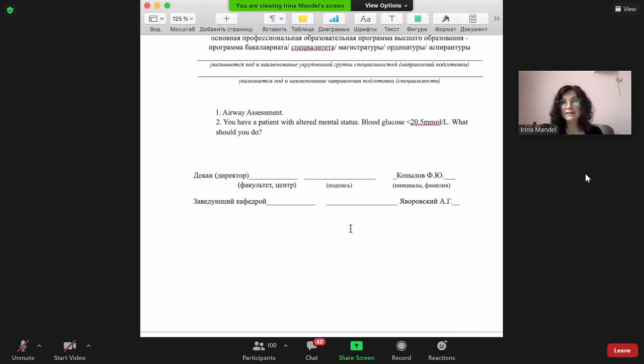So we will alter the brain tissue, and it will lead to complications for the whole patient's life. So we should be very careful in dealing with osmolarity.